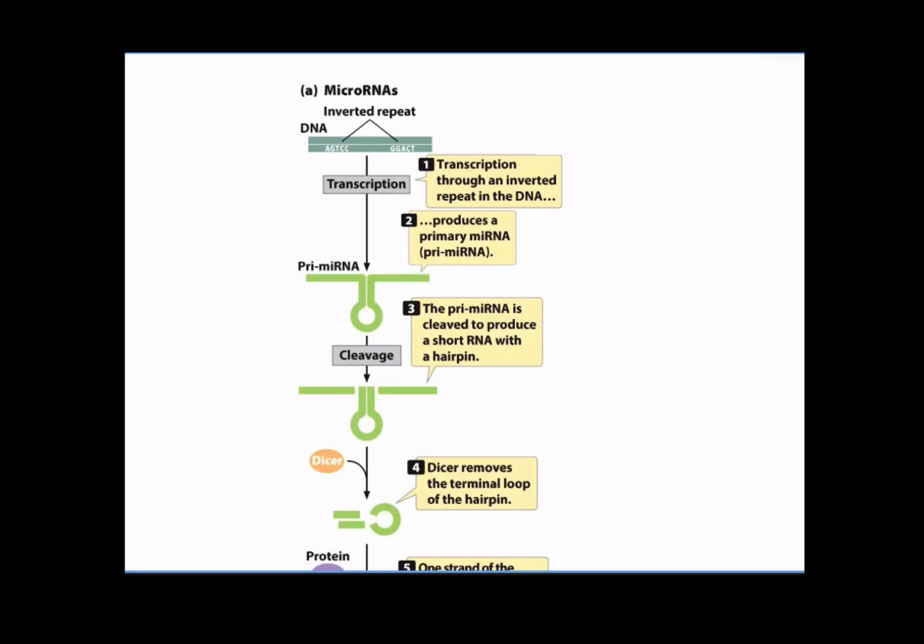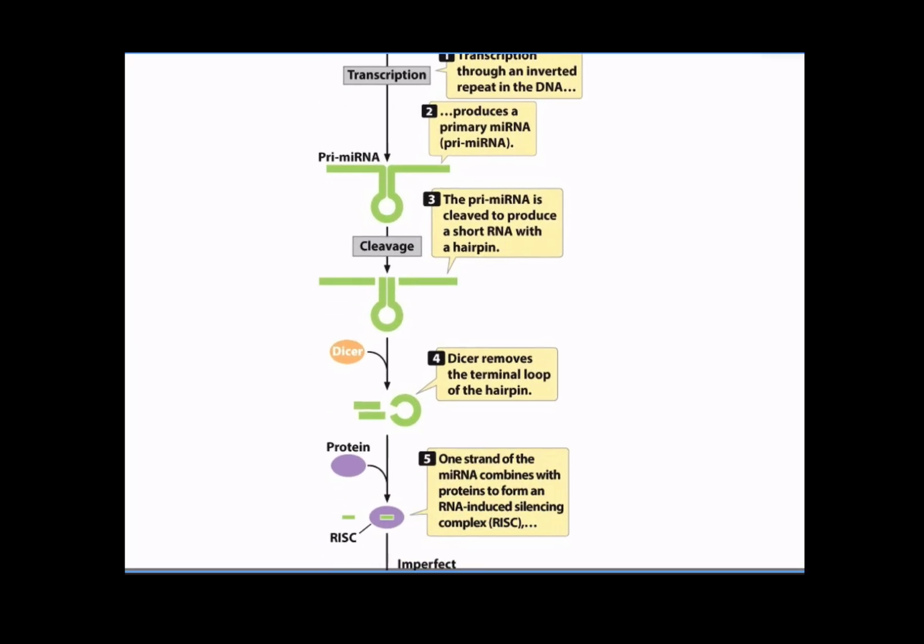When that happens, there is another complex, an enzymatic complex inside of cells that will cleave the hairpin first. Then the hairpin gets processed further, so the loop gets chopped up, leaving this short double-stranded RNA molecule.